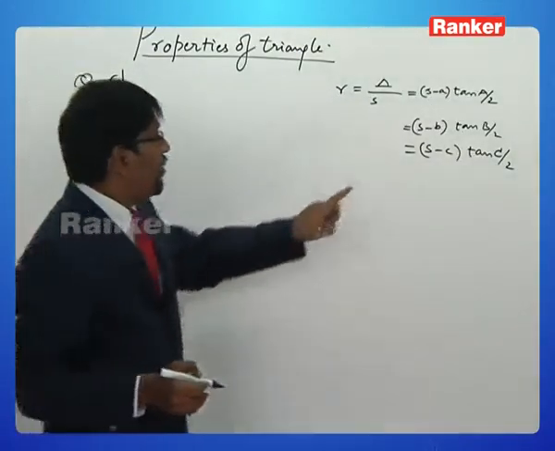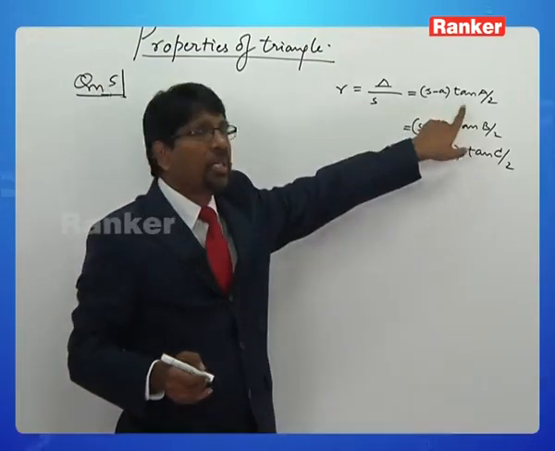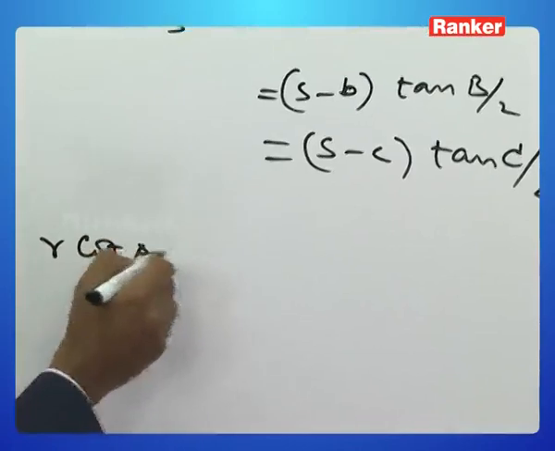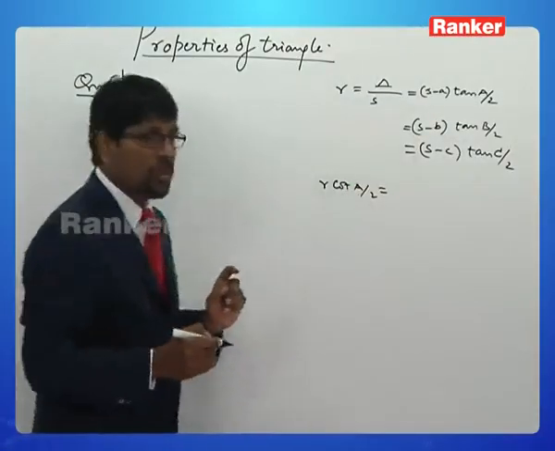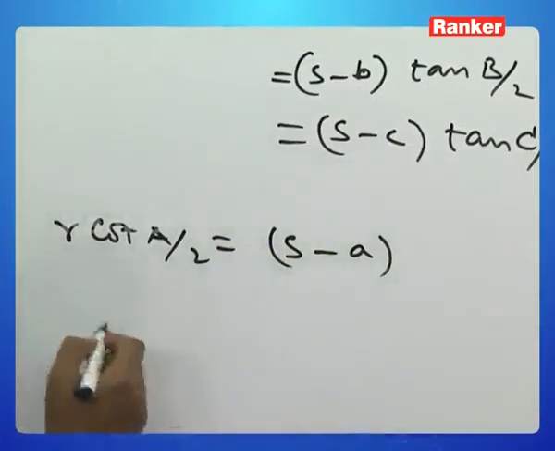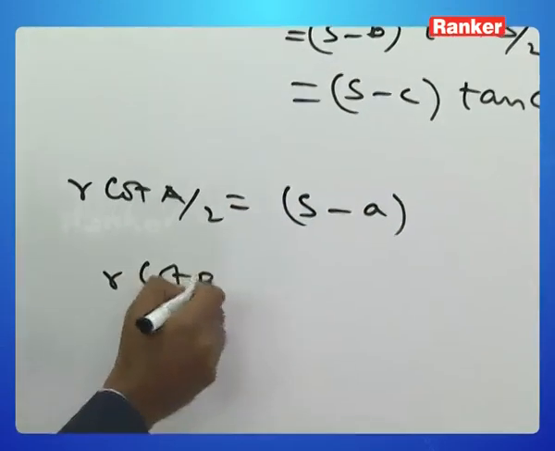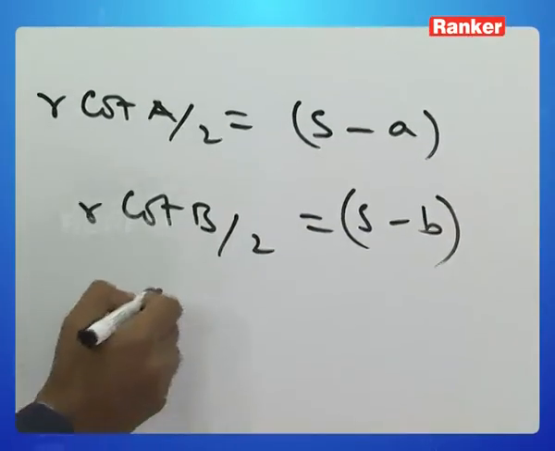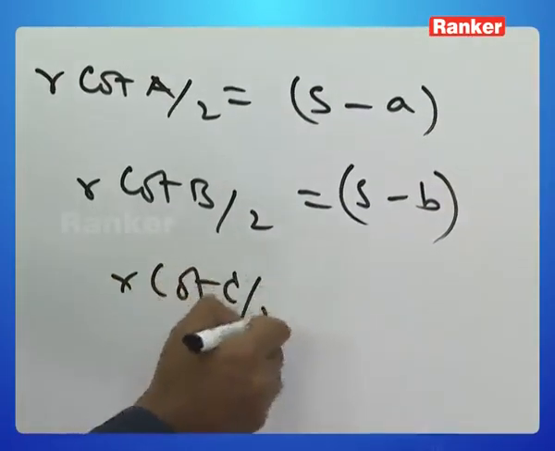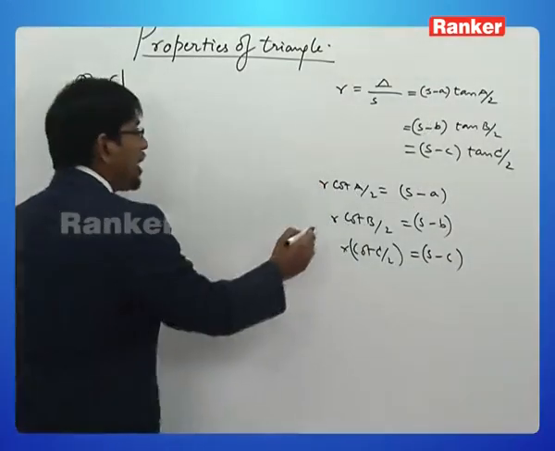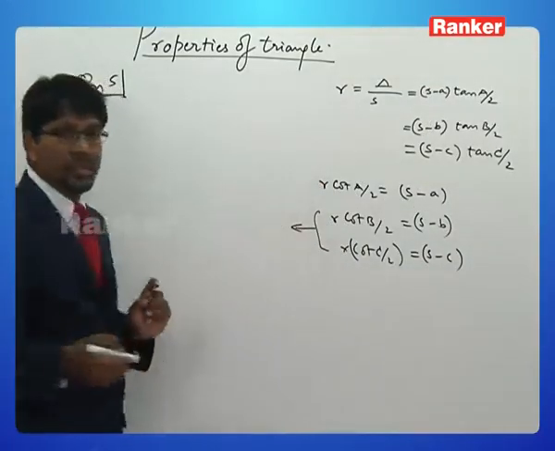So very clearly, if you transpose this tan A by 2 to the other side, we get r cot A by 2 equal to s minus a. r cot B by 2 is equal to s minus b. And r cot C by 2 is equal to s minus c. So what are we adding up? We are adding up these two things.